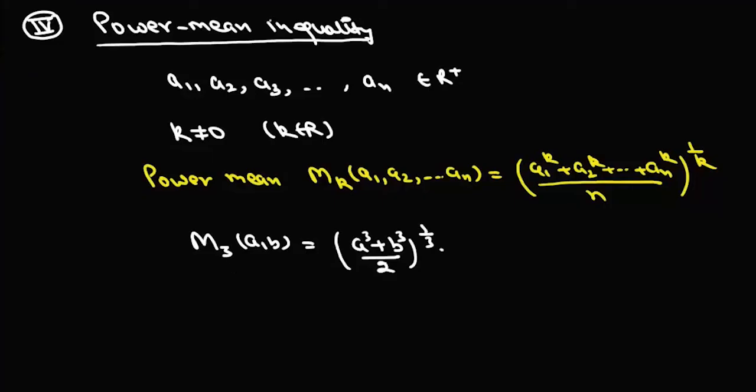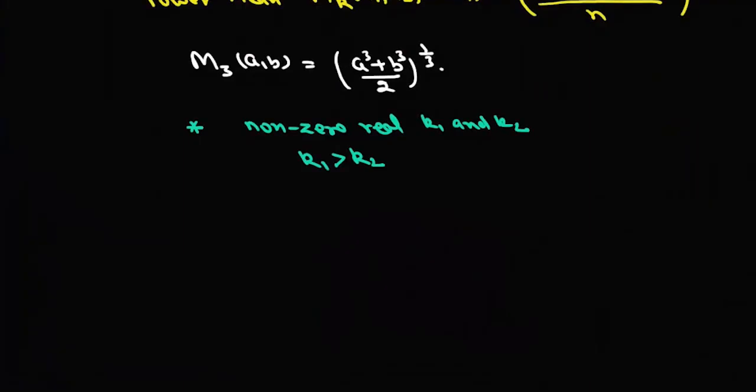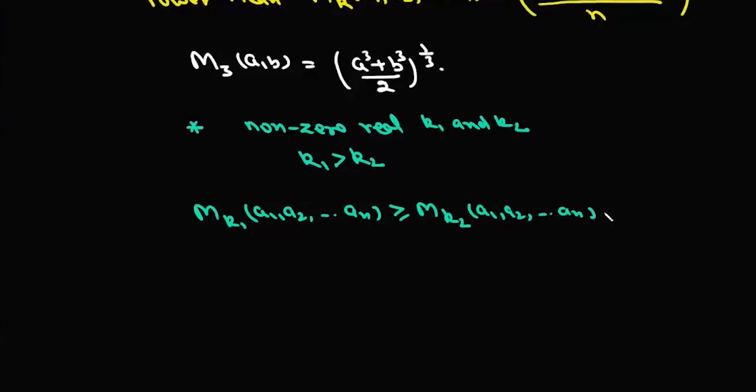Now the fundamental here is, if we have non-zero real numbers k1 and k2 such that k1 is greater than k2, then Mk1 of a1, a2 up to an is always greater than or equal to Mk2 of a1, a2 up to an.